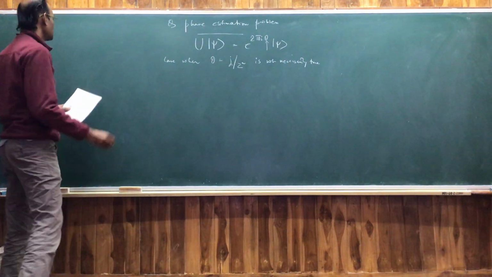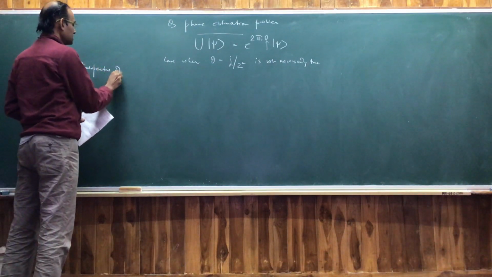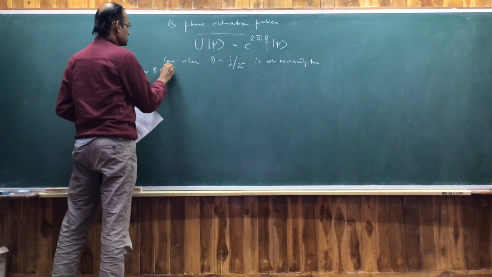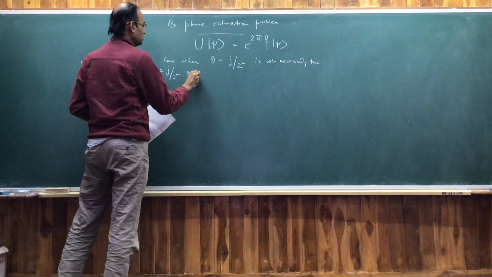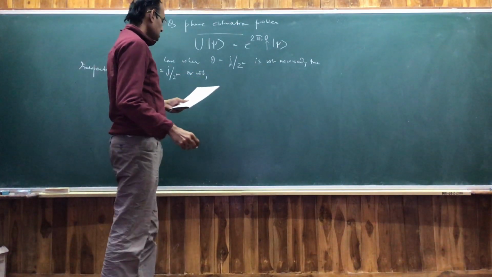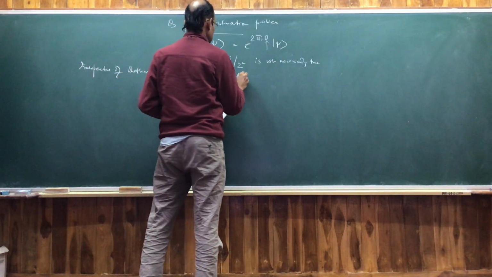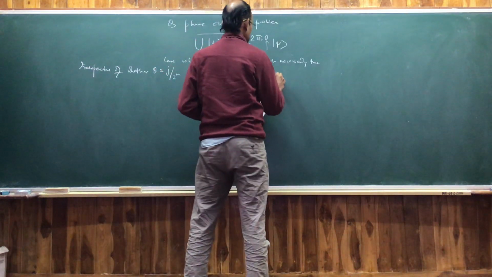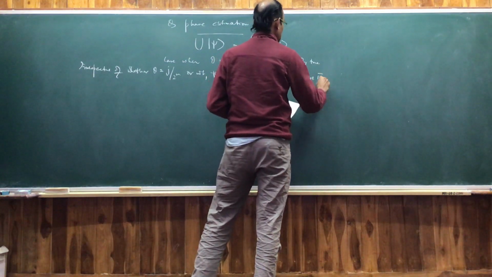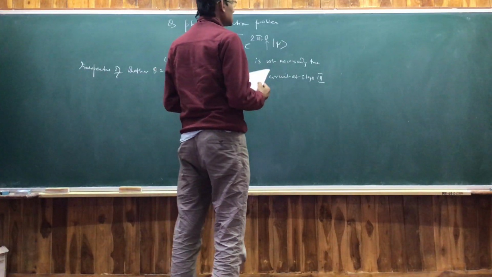So irrespective of whether theta is J over 2^m or not, we have seen that this stage 3 state was this thing, right?